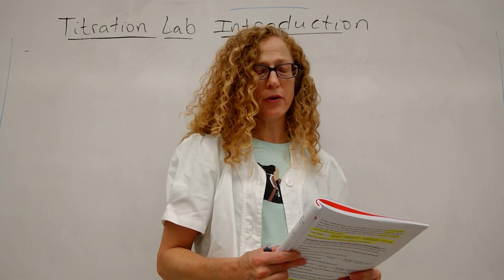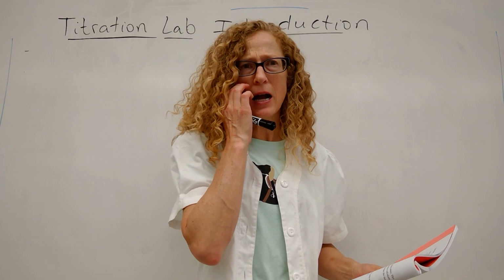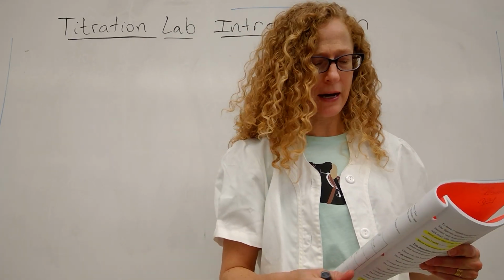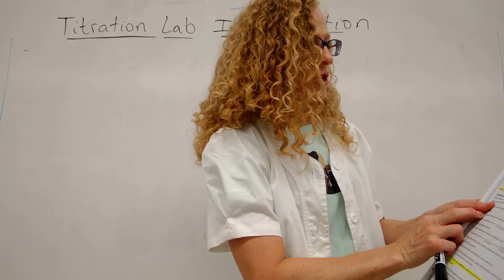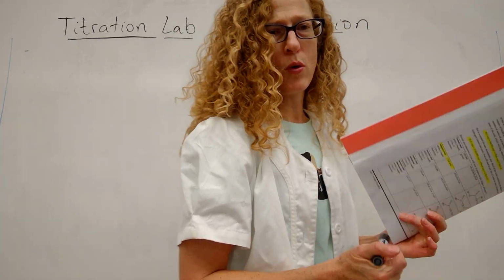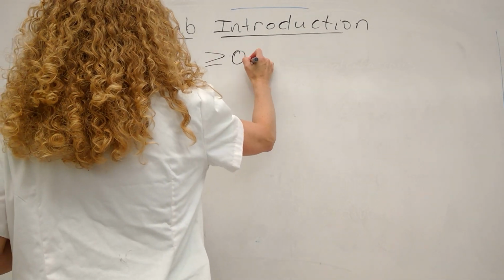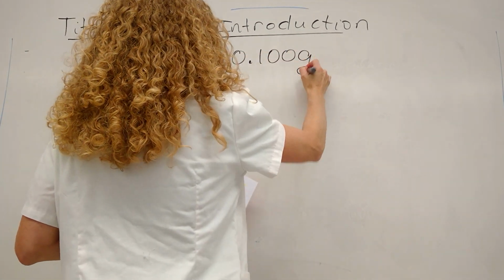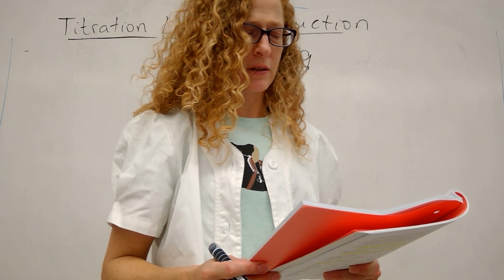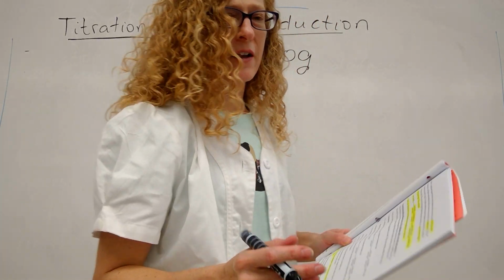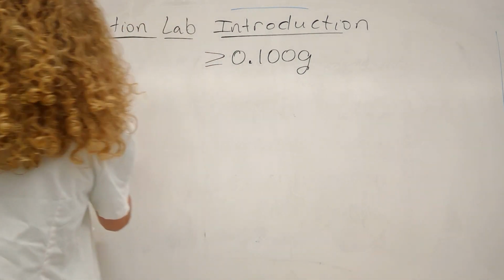So you know in part 3 approximately how much unknown acid should you use. This is approximate. You don't have to get exact. So we want to use at least 0.1 grams, because we want at least 3 significant digits. And we don't want to use more than 25 milliliters of sodium hydroxide.